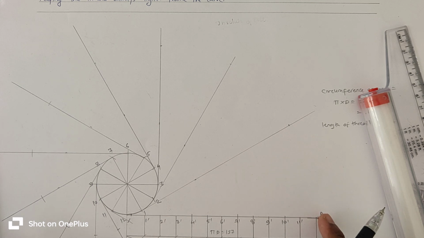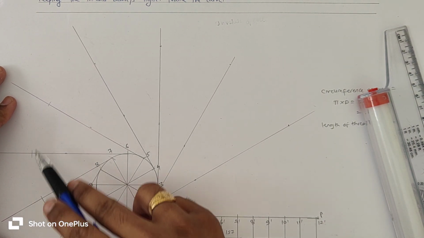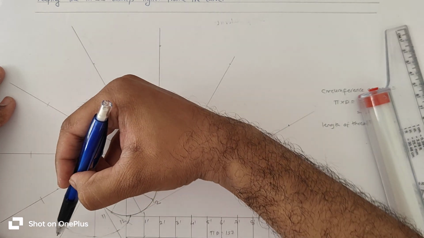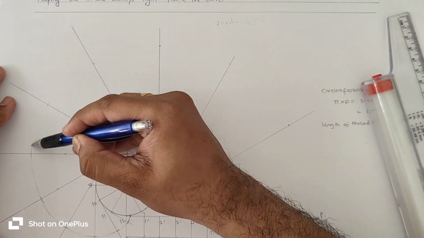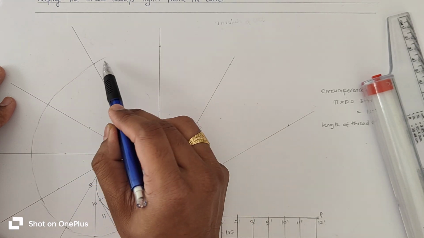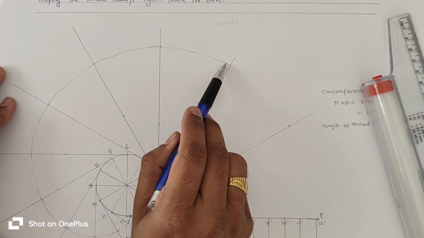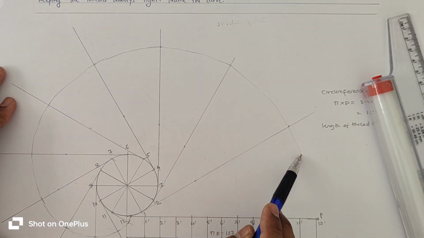Okay, now draw this involute curve freehand, because with the help of a French curve this curve is not drawn properly. Only conic curves are drawn properly with the help of a French curve.